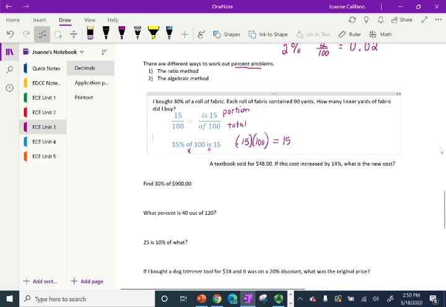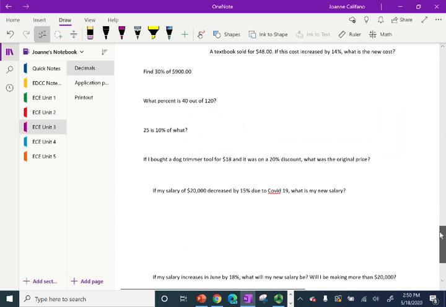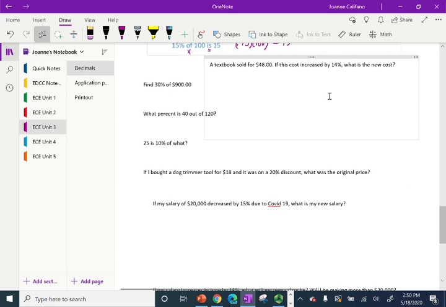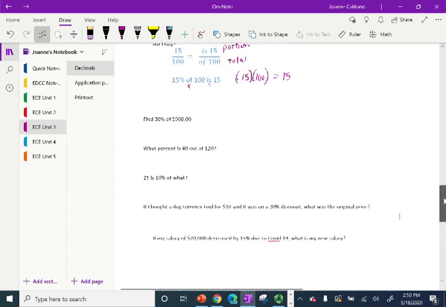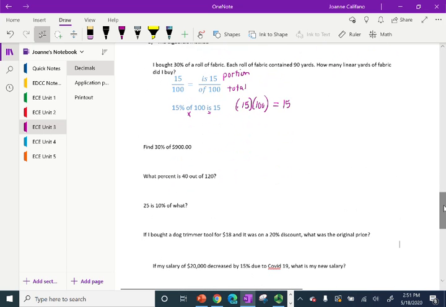I didn't talk about the different ways to do those problems yet, and then this word problem popped in. So again, I don't have this in the right place. I'm going to move this down below. These are the problems, so that we can look at this one at a time. Percent has 2 methods, proportion or ratio method, and then algebraic method. So let me show you different ways to do that.